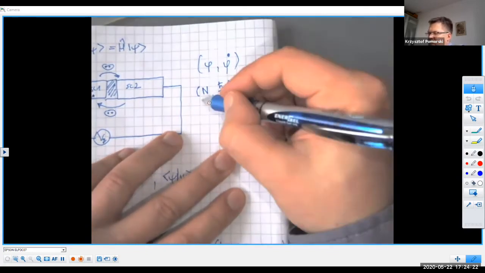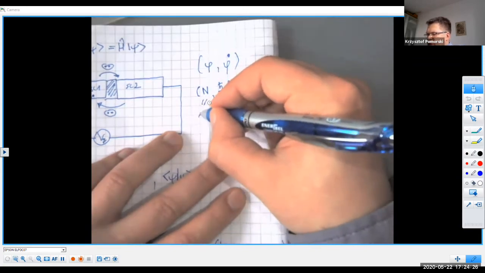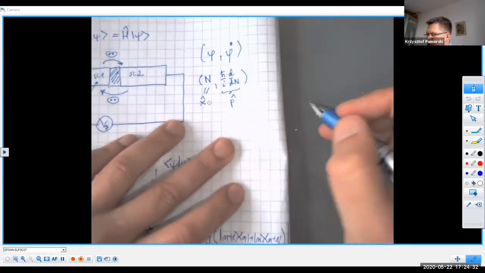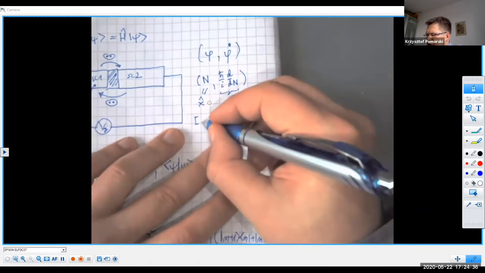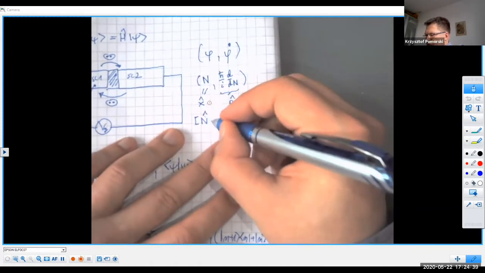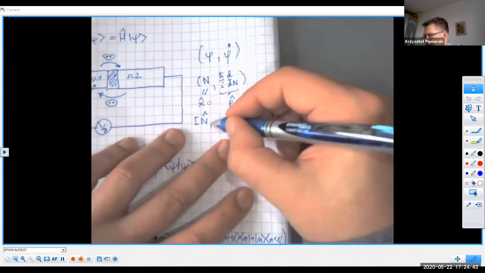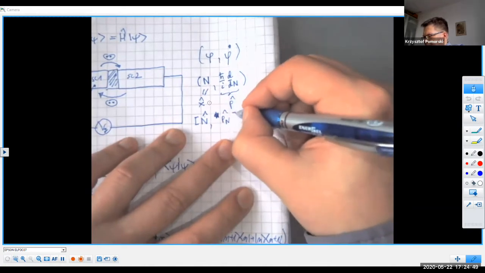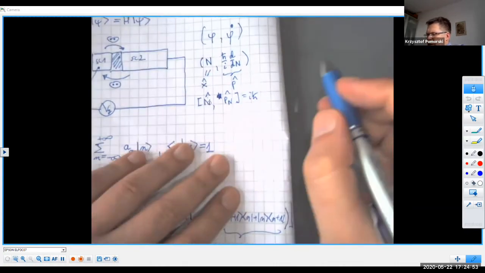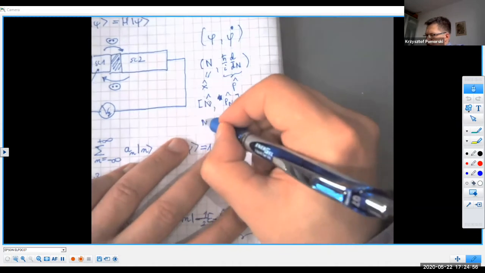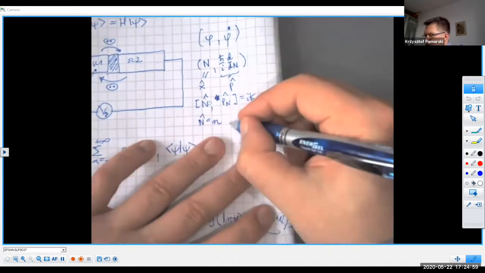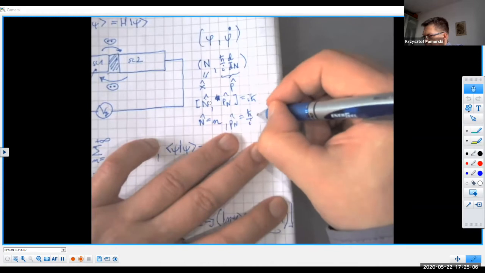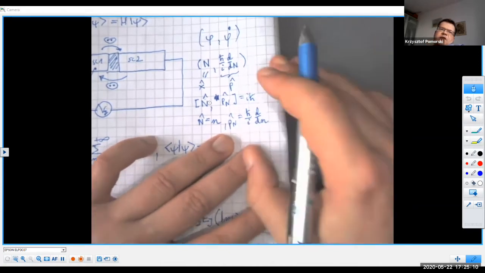This is like corresponding to our position, and this is like corresponding to our momentum, and quite clearly we have this type of relation that has to be fulfilled, which simply turns out that this operator is going to be n, and this operator, this momentum, is going to be n. So this is quite useful.